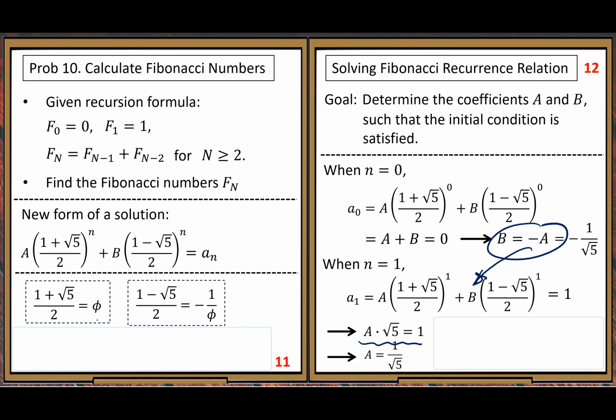And 1 minus root 5 over 2, we know by the reciprocal, equals negative 1 over phi. So finally, the final expression is 1 over root 5 times phi to the n minus negative 1 to the n over phi to the n. Okay, that's the whole discovery procedure.